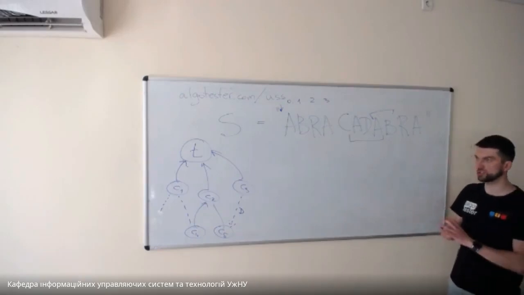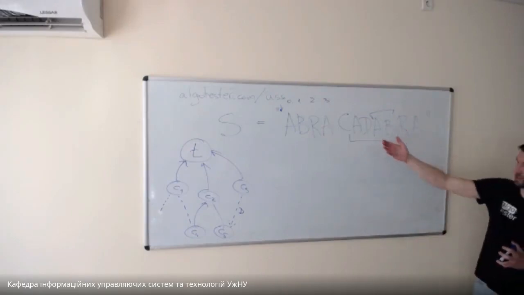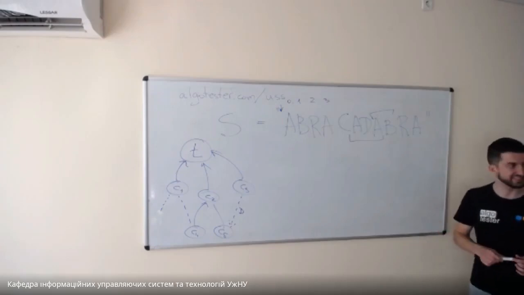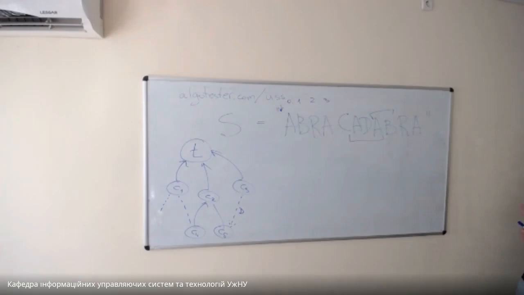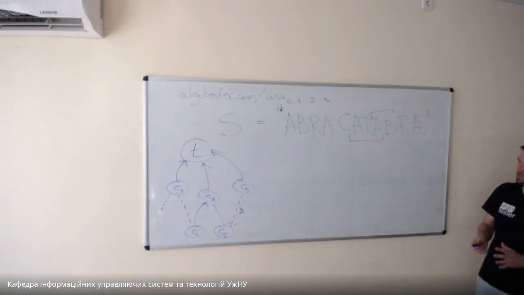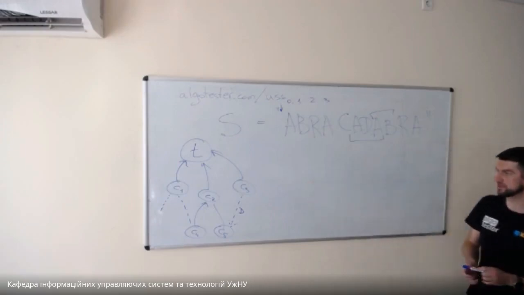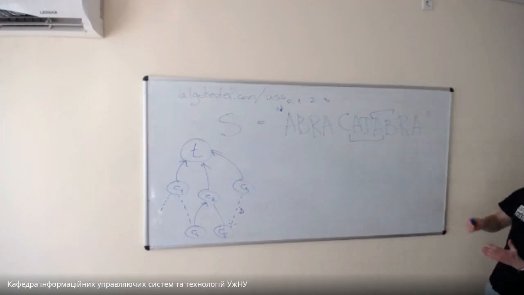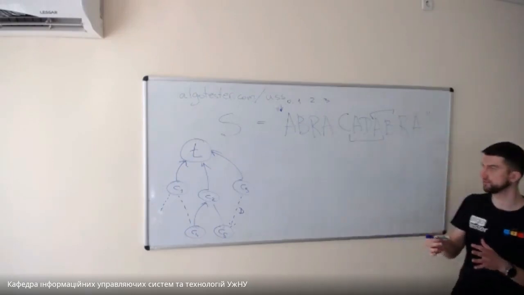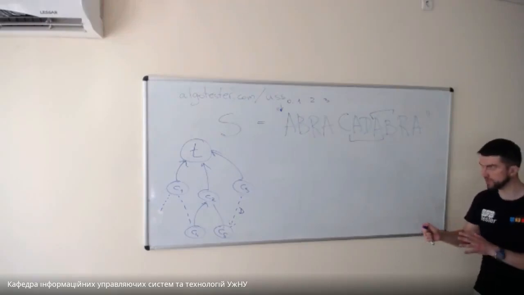So we will now describe how to construct a suffix tree given the input string S. And from this construction, we will see that the number of vertices is linear. The other properties, including the statement that the automaton we get at the end of the algorithm is minimal possible, are out of the scope of our lecture.